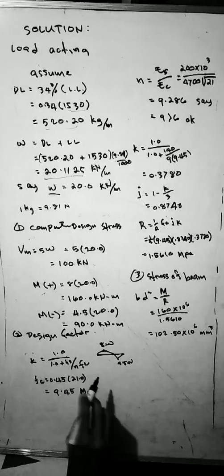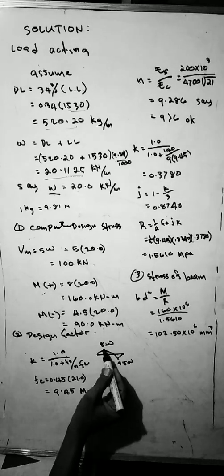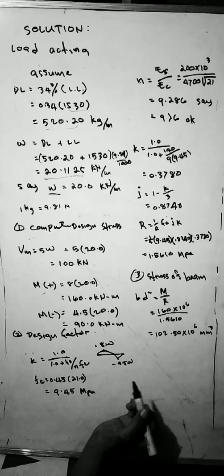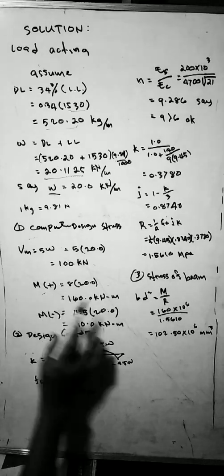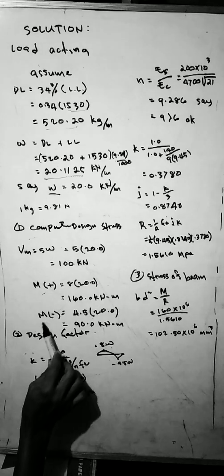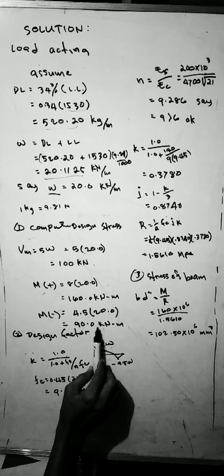Okay, that is this one. This is positive moment. And 8 times 20, W is 20, will give us this one. And the negative moment is this one, 4.5 times 20. That's why we have this.